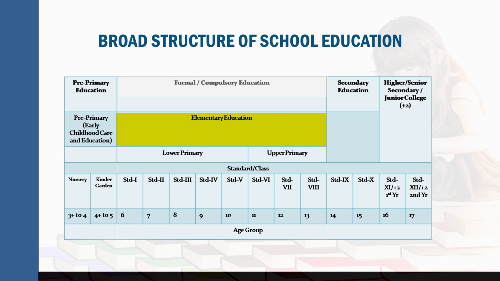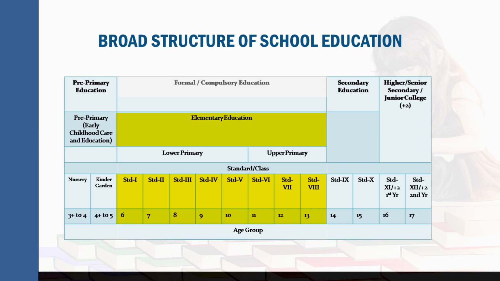You know friends, as per the Right to Education Act 2009, which was implemented in our country starting from 1st April 2010, elementary education starts from class 1 and continues till the completion of class 8th. Now it is the fundamental right of the children of this country to get elementary education, from class 1 to class 8th.